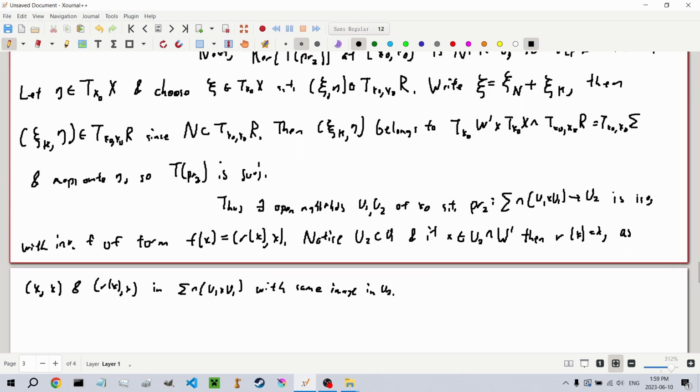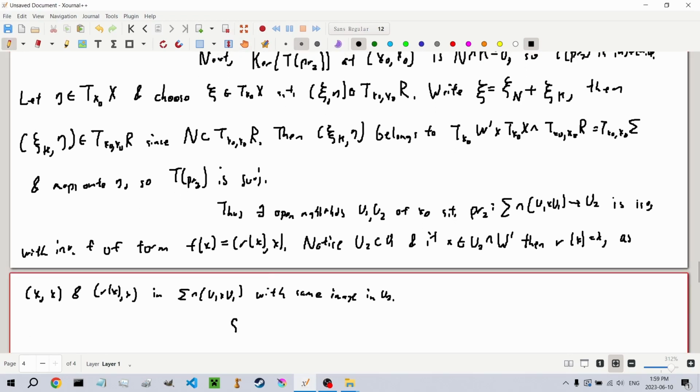Now, finally, we're going to set U to be x in U2, and the notation here is weird, I'm just going to copy the weirdness, r of x in both U2 and W prime.